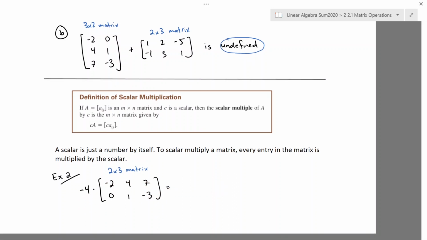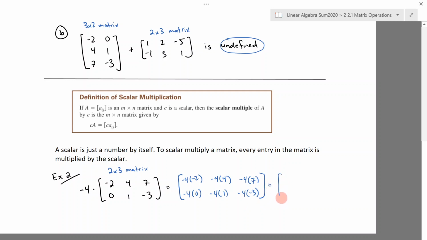Right, so in this example here, when I write it out, the scalar -4 is multiplied by each entry. So we have -4 times -2, and then -4 times 4, and then -4 times 7, and then so on, right? So -4 times 0, -4 times 1, -4 times -3.